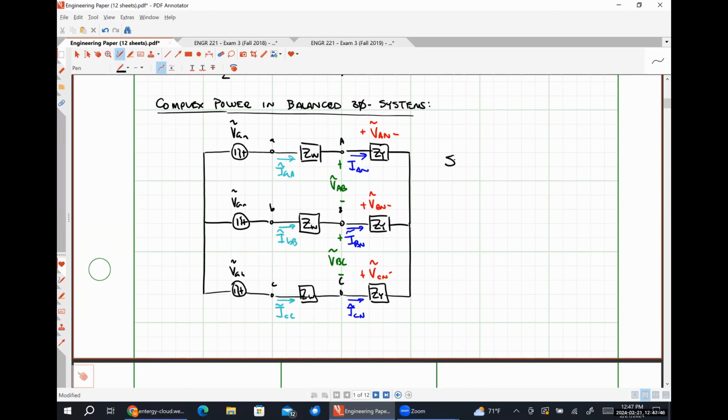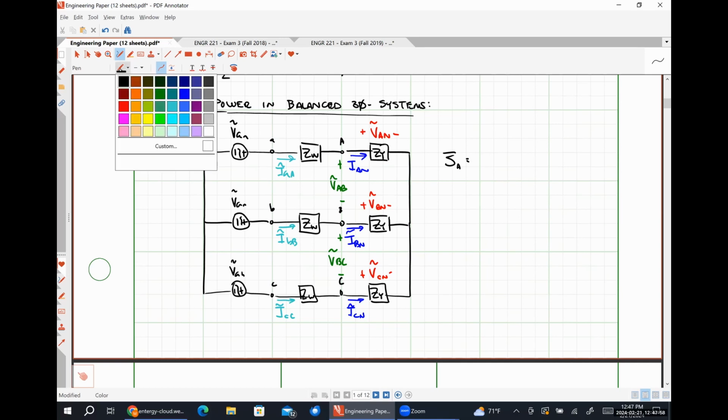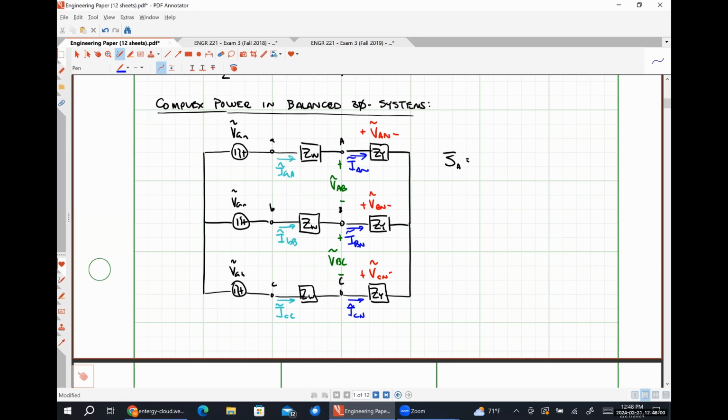Okay, so if I wanted the complex power that is absorbed in the A phase of the load, how would I determine that? What's my equation for complex power? V times I conjugate.